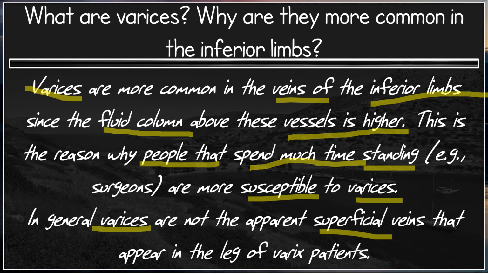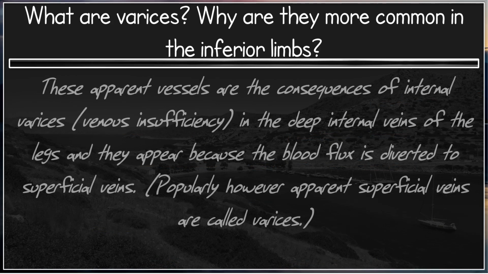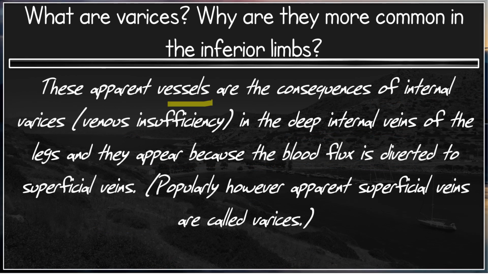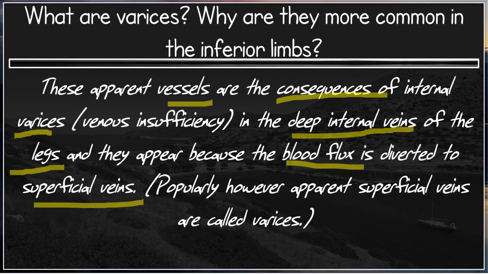The superficial veins that appear in the legs of the varix patient are the consequence of internal varices, venous insufficiency in the deep internal veins of the legs, and they appear because the blood flux is diverted to superficial veins. Popularly, however, apparent superficial veins are called varices.